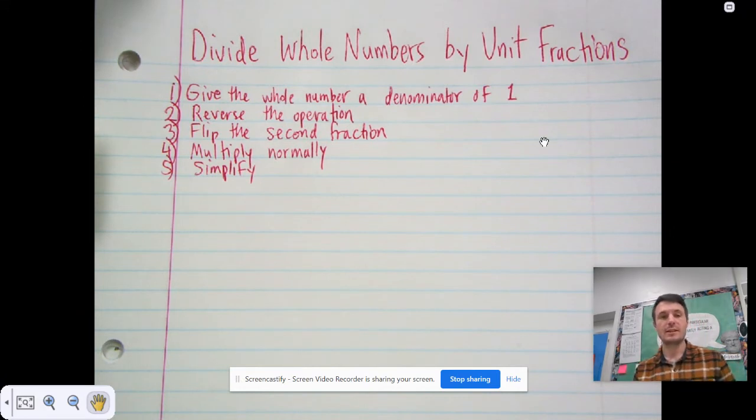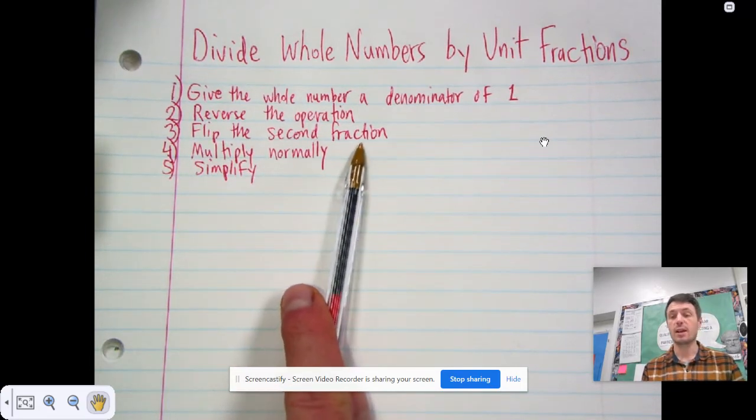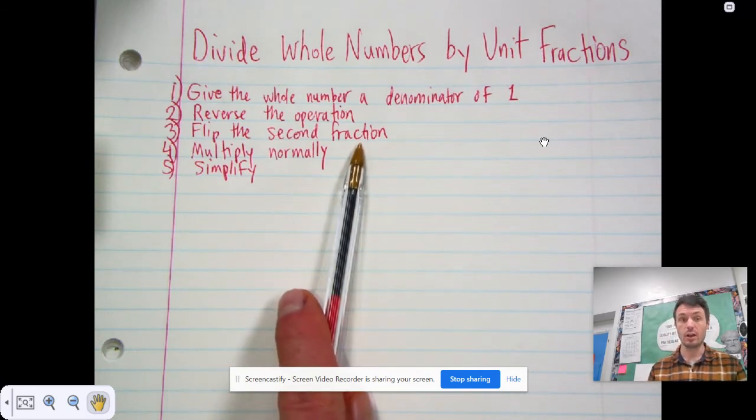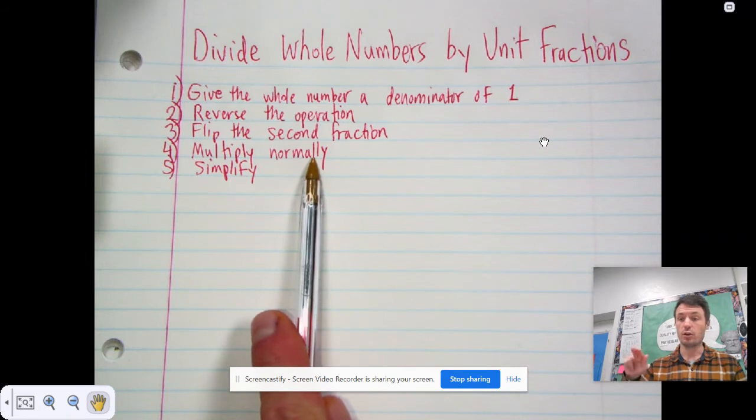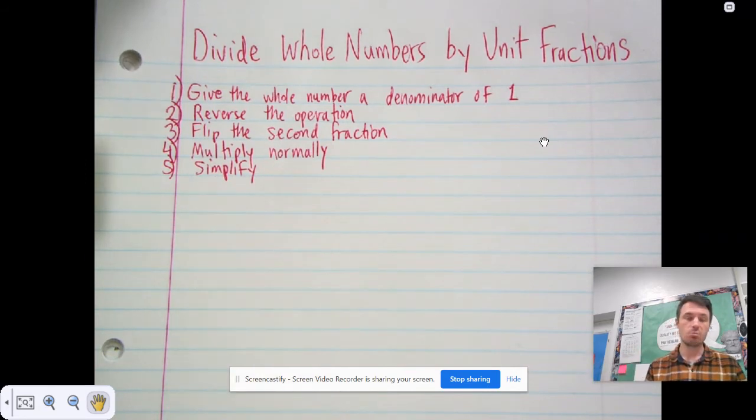Okay? Give the whole number a denominator of 1, reverse the operation, go from division to multiplication, flip the second fraction. That means you make the denominator the numerator and the numerator the denominator. Multiply normally straight across, numerator times numerator, denominator times denominator, and then simplify. That's it. Let's look at a few examples.